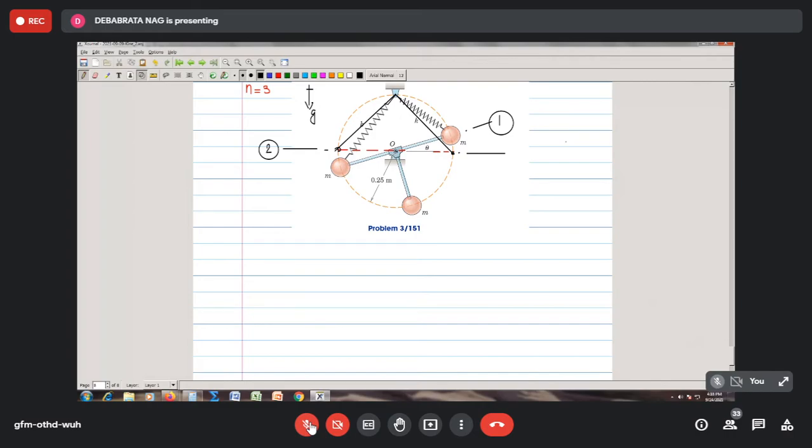Now the support reactions here, if you dislodge this system, consider this system dislodged, then obviously the support reactions will come into the picture. All these things you need to write in the exam.